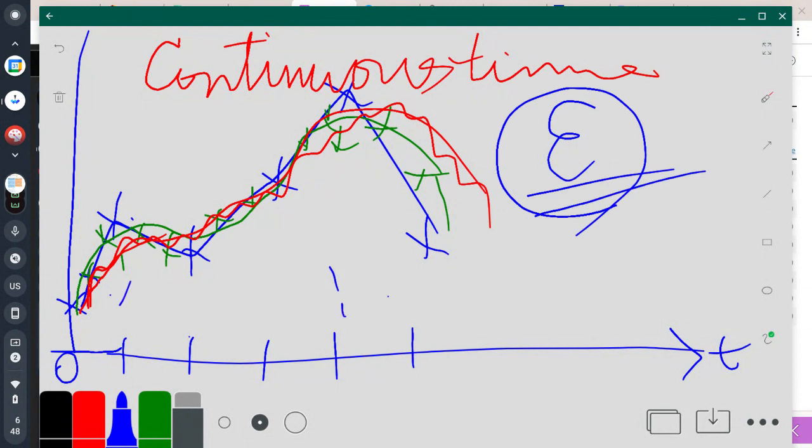Think about it. Numbers are not only 1, 2, 3, 4, 5. There is a continuum: 0.1, 0.2, 0.3, 0.4, but there's also 0.01, 0.02, 0.001, 0.0002.